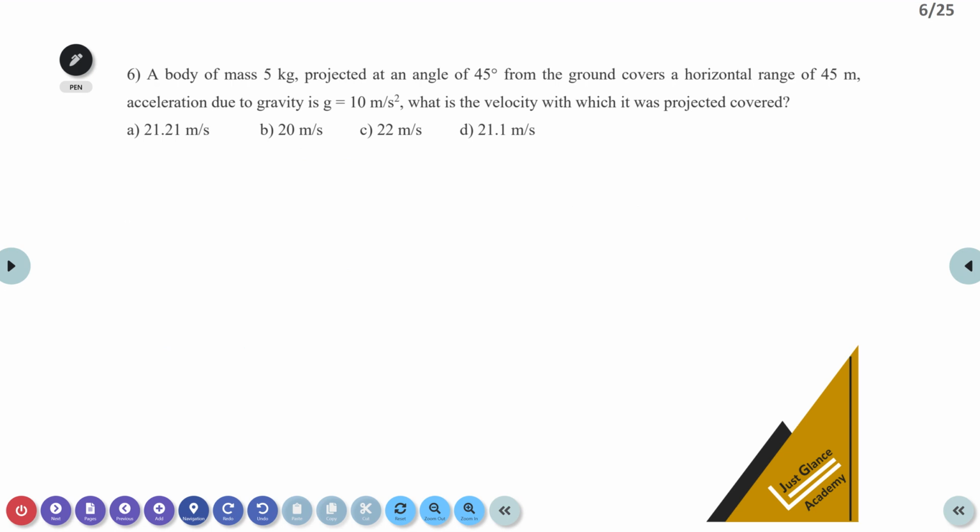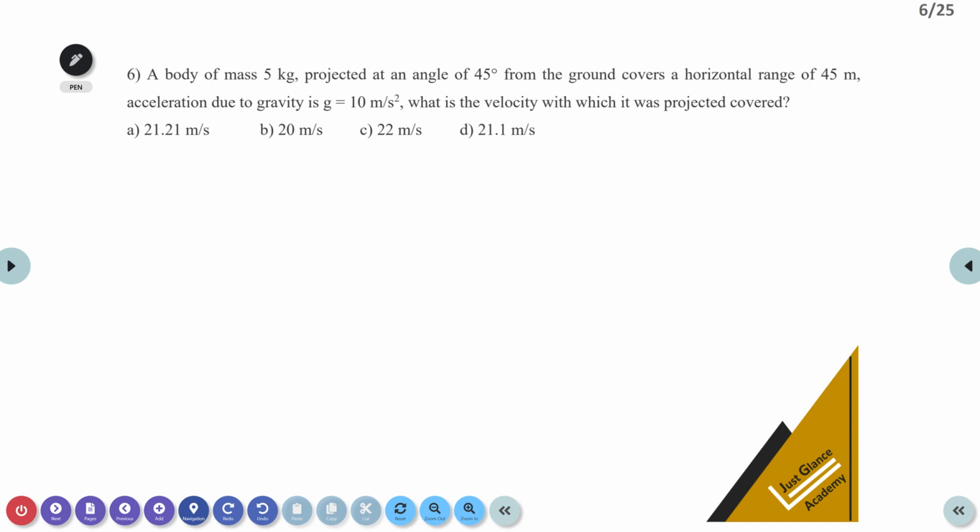Next. Read the question. A body of mass 5 kg is projected at an angle of 45 degrees from the ground, covers a horizontal range of 45 meter. The acceleration due to gravity has been given.